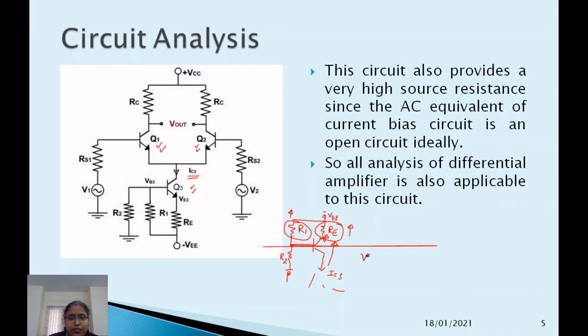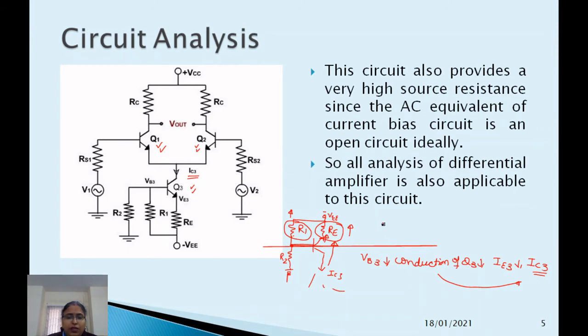So VB3 will decrease. As a result, the conduction of Q3 will decrease. That in turn will further decrease the IE3 current, and that will further regulate the IC3. So the change which has occurred in the IC3 is now compensated because of this transistor.